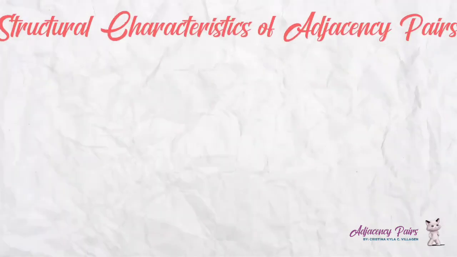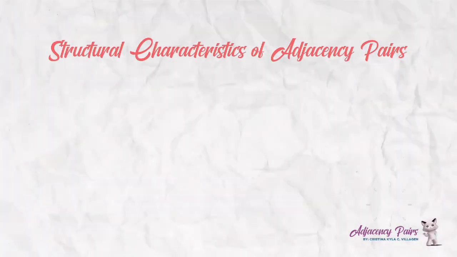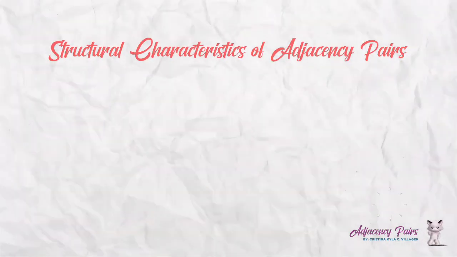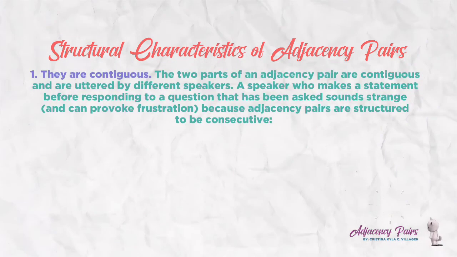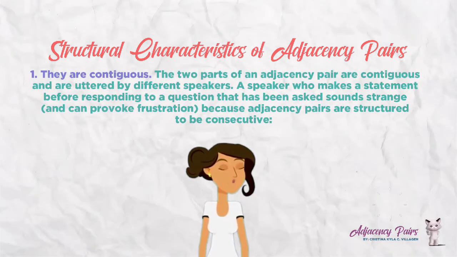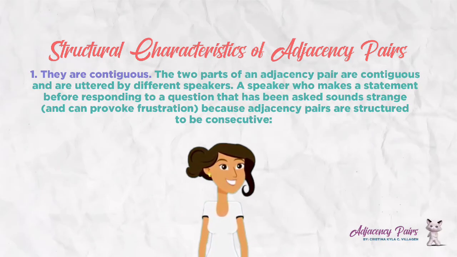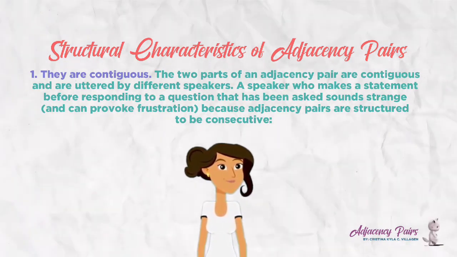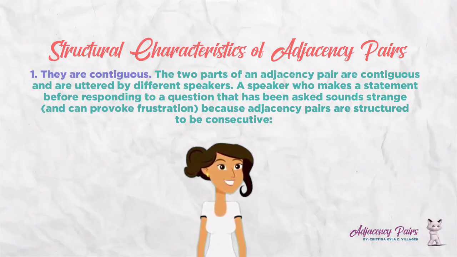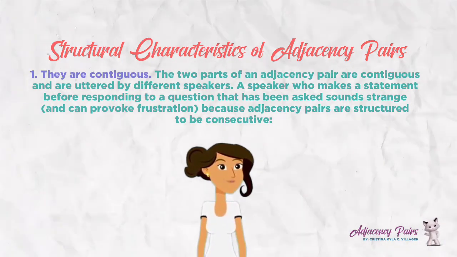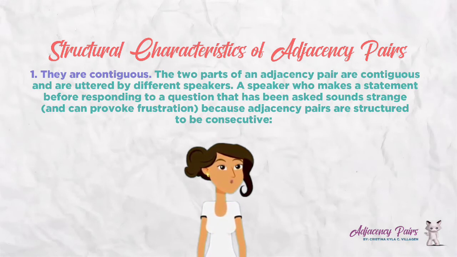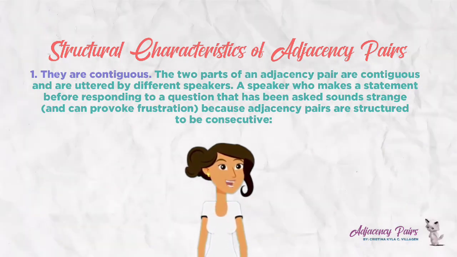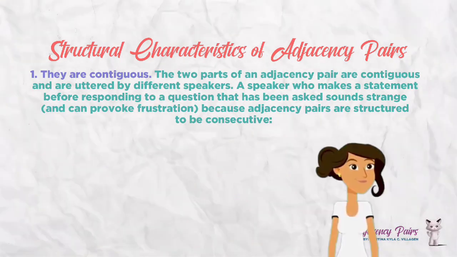Let us now discuss the structural characteristics of adjacency pairs. Number 1, they are contiguous. The two parts of an adjacency pair are contiguous and are uttered by different speakers. A speaker who makes a statement before responding to a question that has been asked sounds strange and can provoke frustration because adjacency pairs are structured to be consecutive.